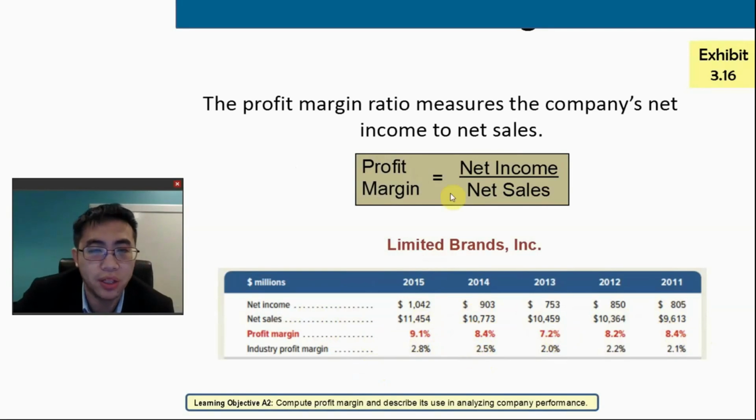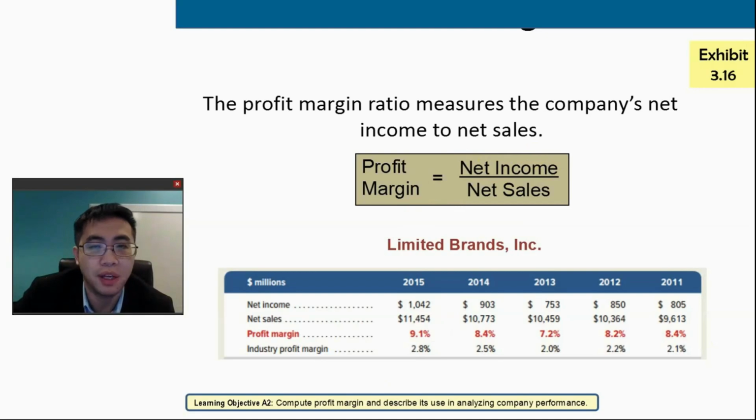And we always want this net income to be as great as possible. Because from the statement of owner's equity, net income belongs to the owners of the company. So when you invest in a company, you want to make sure you can get enough return, and that return is scaled by net sales.